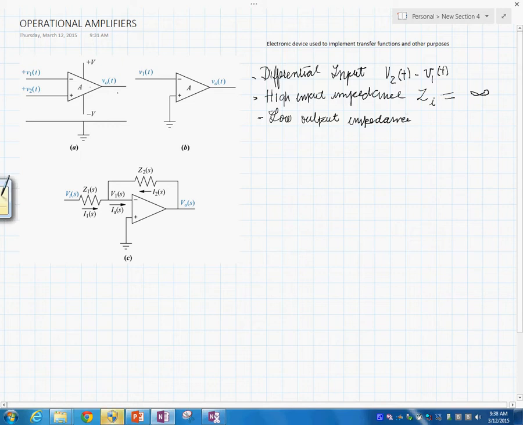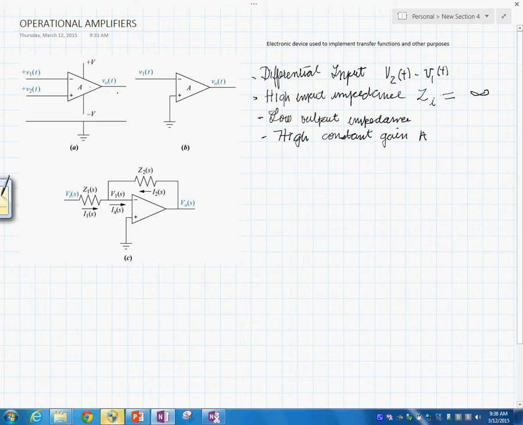And the other characteristic is it has a high constant gain. And this is the gain. In this case, we use the letter A for the amplifier in there.